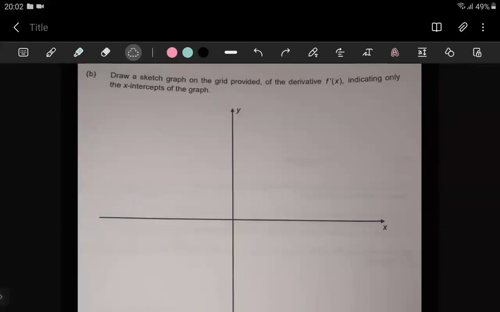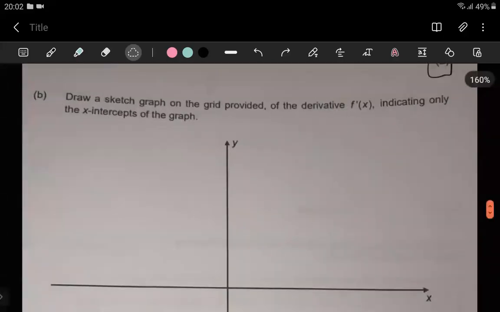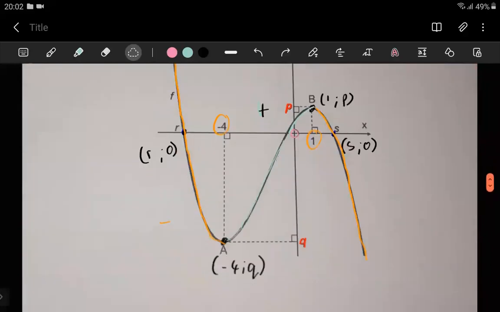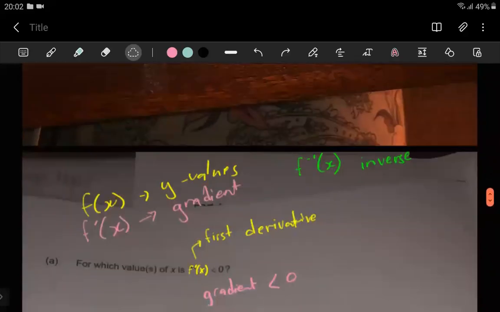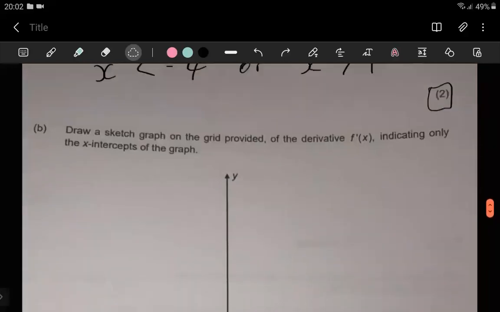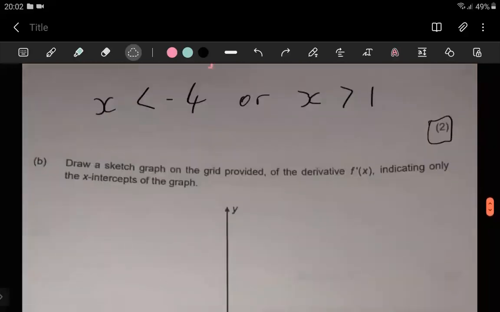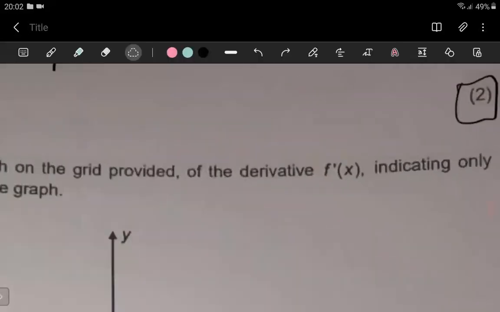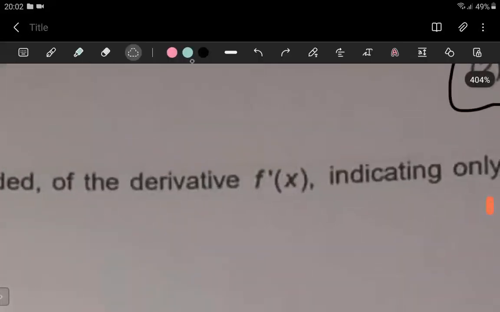So that's how it works. In this situation, we know that whatever f of x is, it's a cubic graph. So since f of x is a cubic graph, the first derivative is going to be a parabola.